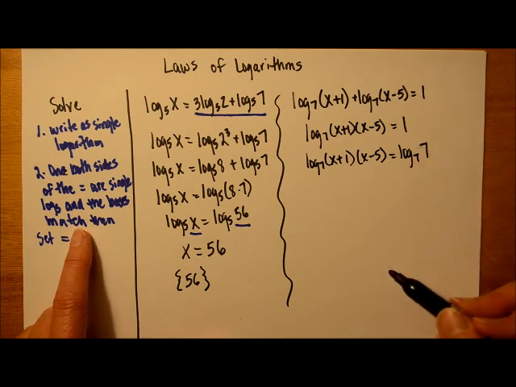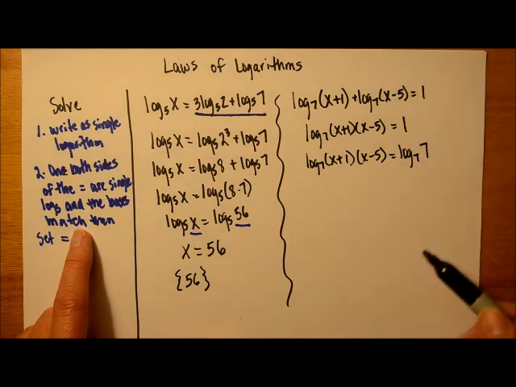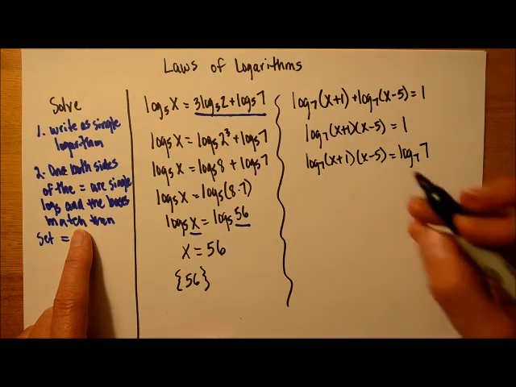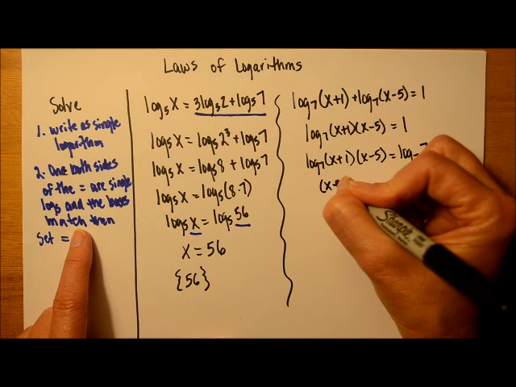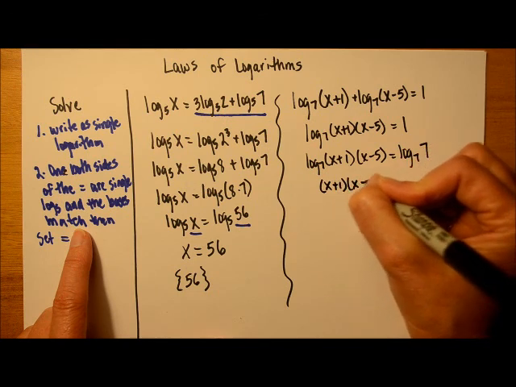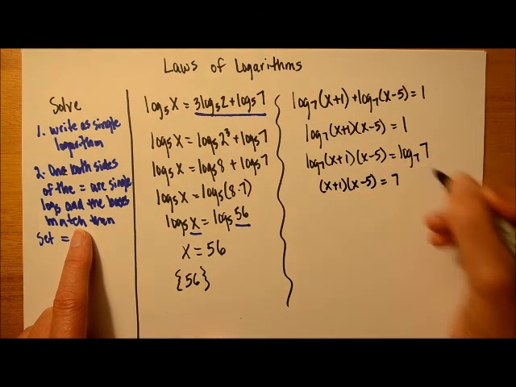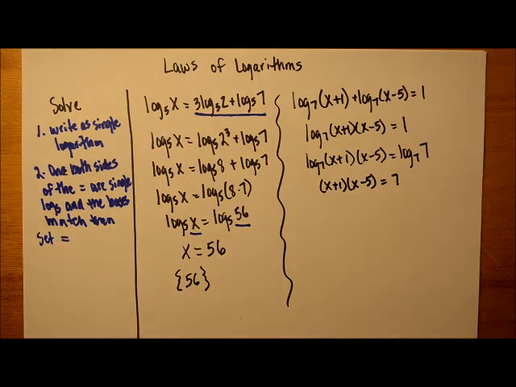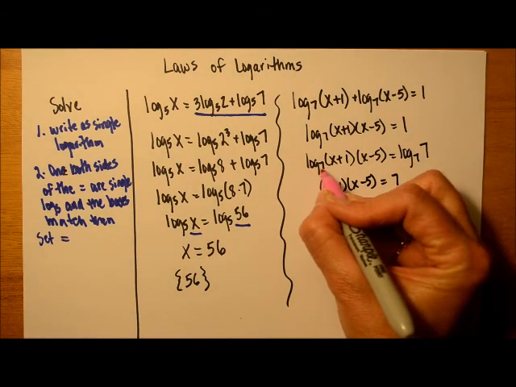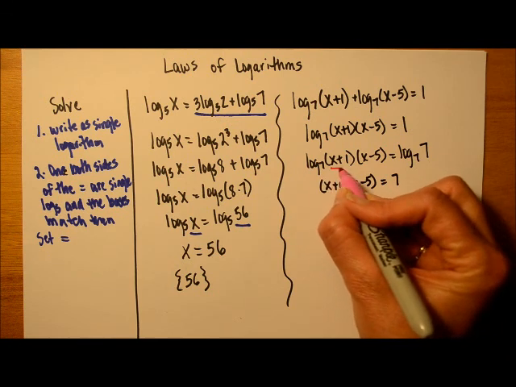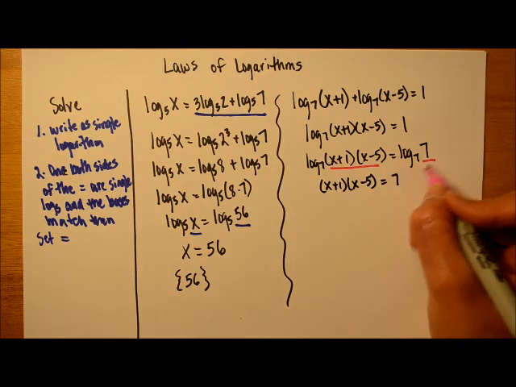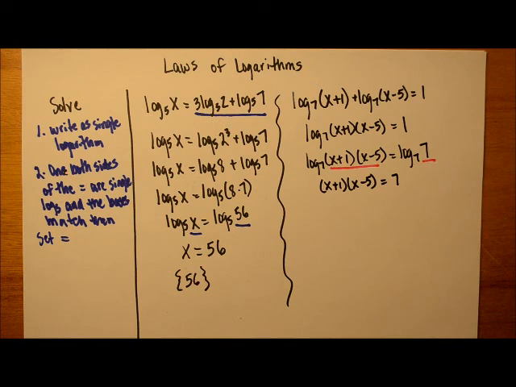This equals 1. I needed these to match. That was the only way I could get them to match. Now what I have is x plus 1 times x minus 5 equals 7. Once I have these guys matching, these guys then become equal to each other.